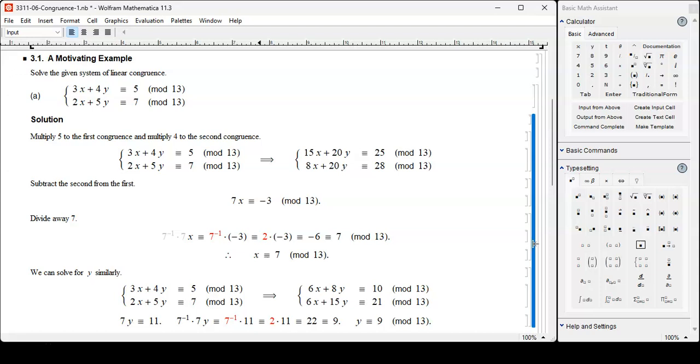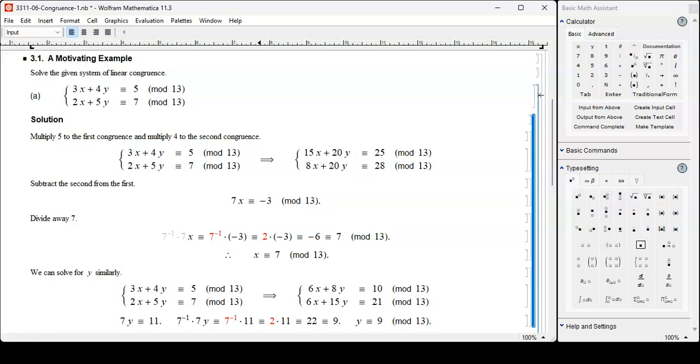We get that, but that's not very important. The really important key point is dividing 7 away. We have 7 inverse, and curiously, 7 inverse shows up again for y as well. Is this a coincidence? Or are they always the same? Something to think about.